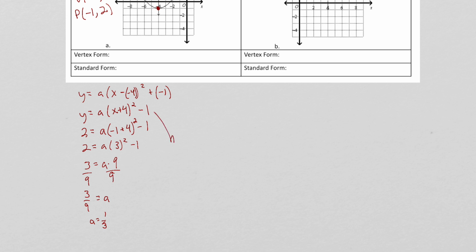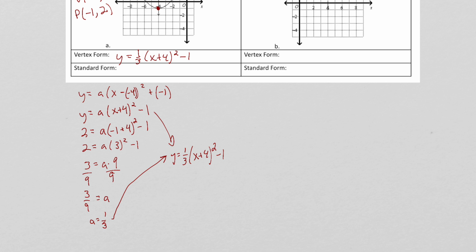So all I do is combine that line with this value, and I get y equals 1/3 times (x plus 4) squared, -1. And that's my vertex form, so I can write it here: (x plus 4) squared -1.